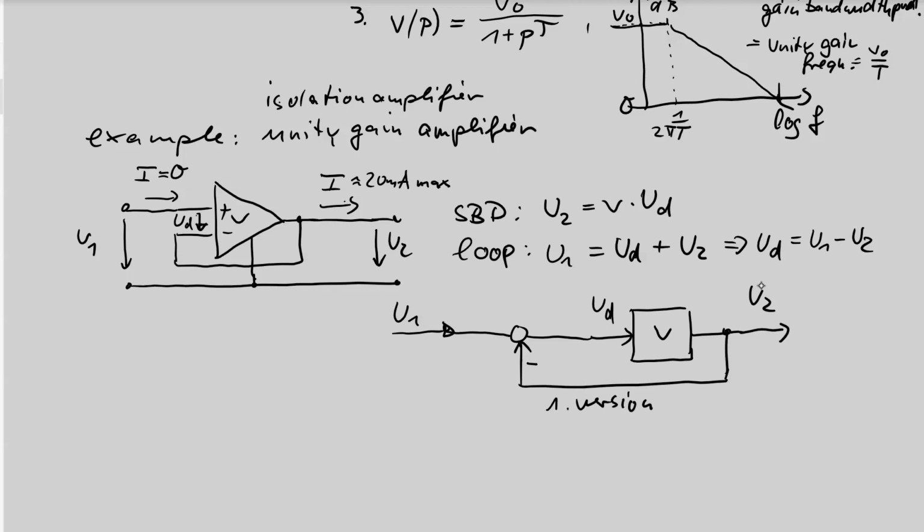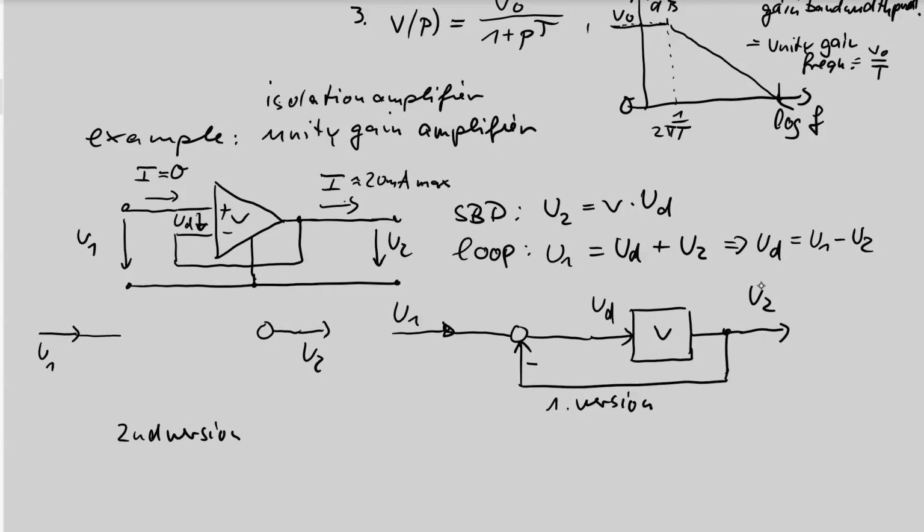Just for training, I add a second version. Again, U2 is the output, U1 is the input, and now I start with the second equation, U2 backwards. If I solve this equation for U2, you see U2 is the summing point result: U2 is U1 minus UD. I bring UD to the left side with the minus sign.